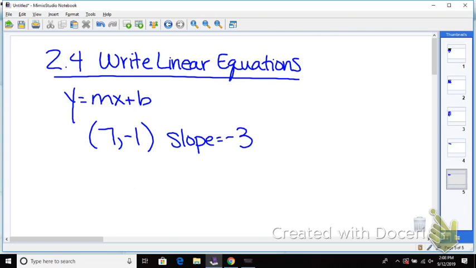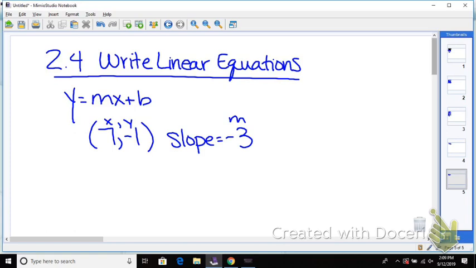Remember, this point is x, y, and the slope is what letter? Not b. m. So what letter do I not have? The b. I have everything but the b. So we're going to plug in the x, the y, and the m, and we're going to solve for the b.